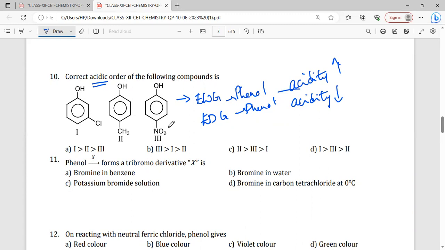Whenever you have an electron withdrawing group like NO2, the phenoxide ion which forms after removal of H will be greatly stabilized. That's why 4-nitrophenol or 2-nitrophenol, nothing but ortho and para nitrophenols, are highly acidic in nature. So third should be first in the order.